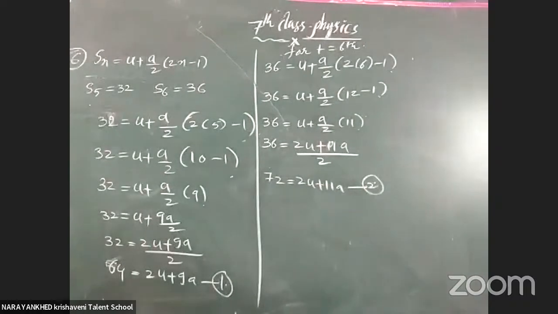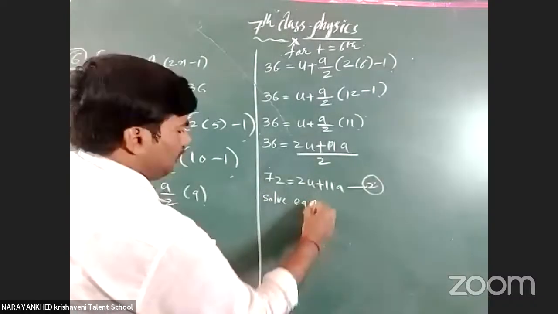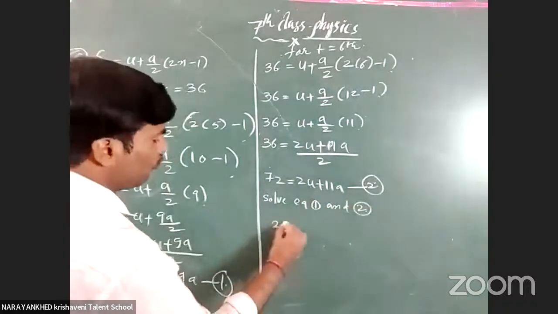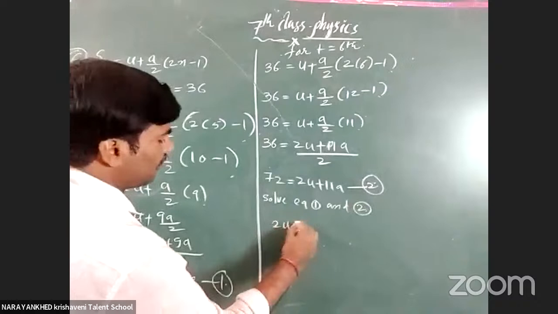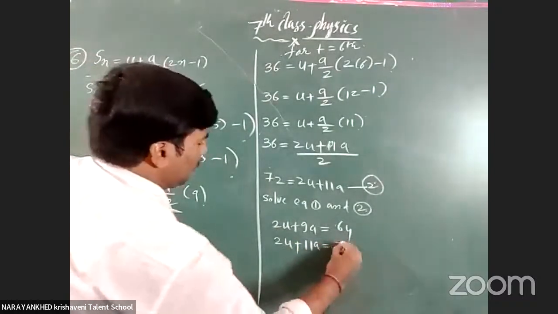We have to solve equations 1 and 2, and you will get the acceleration as well as the u value. Solving equation 1 and 2: 2u plus 9a is equal to 64, and 2u plus 11a is equal to 72.